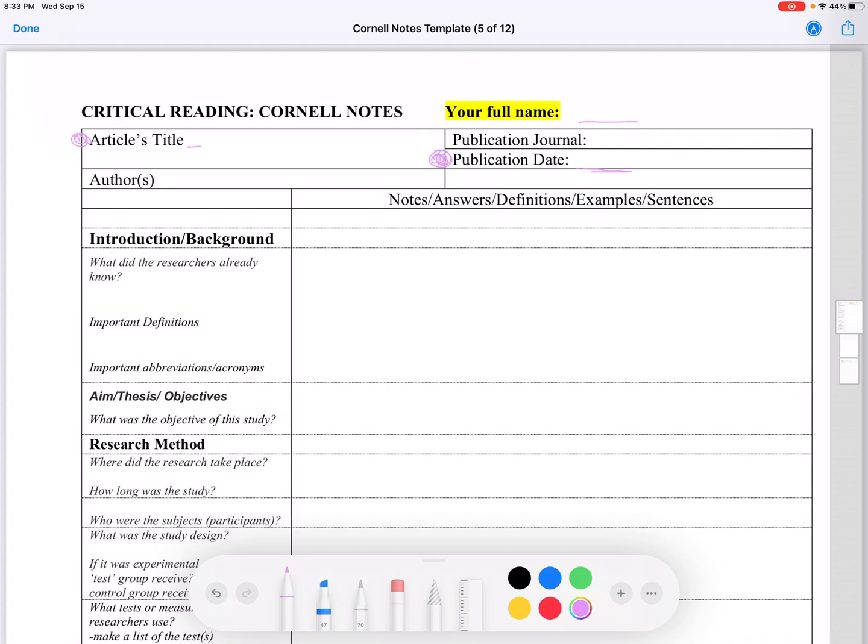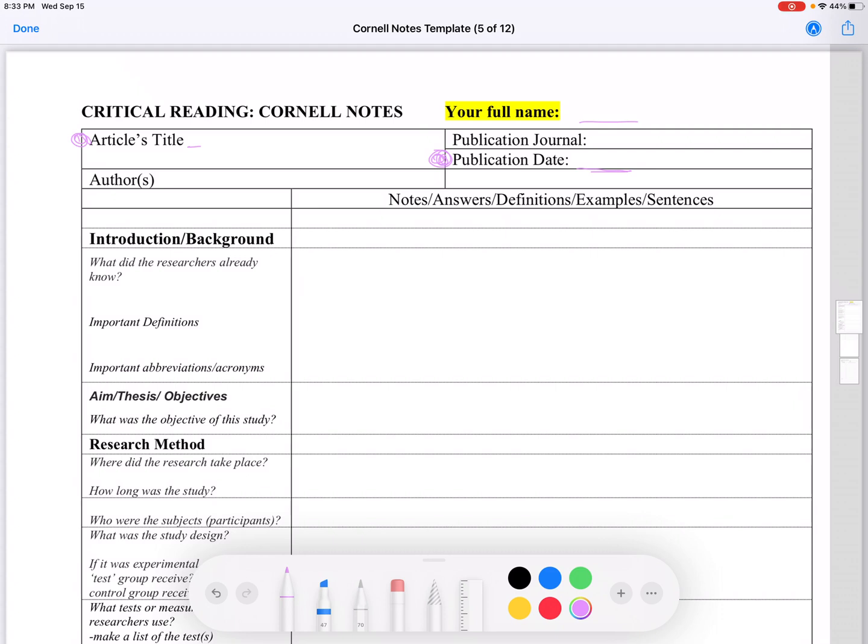So what did they already know about their research question? It might take you 1 or 2 sentences to write it down here. Remember, not full sentences, but communicate what they knew already. This is the reason that they are doing this current study, because they want to expand on what they already know. They want to push their knowledge a little bit further.